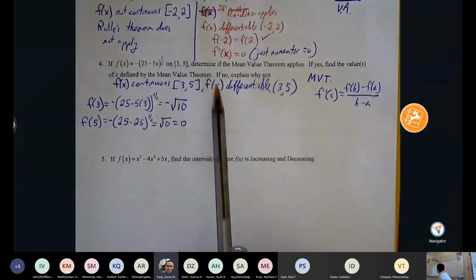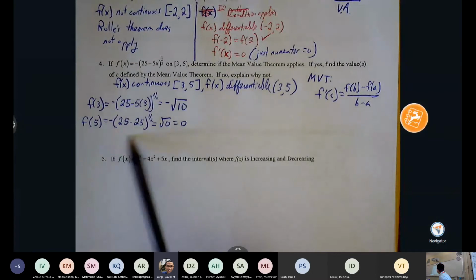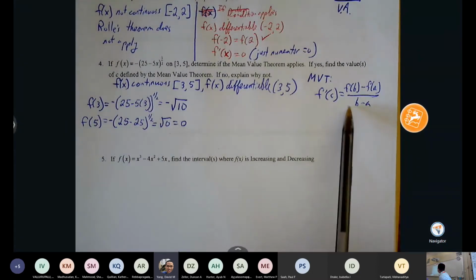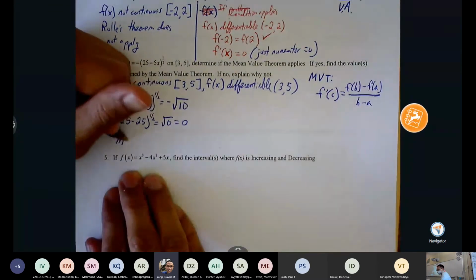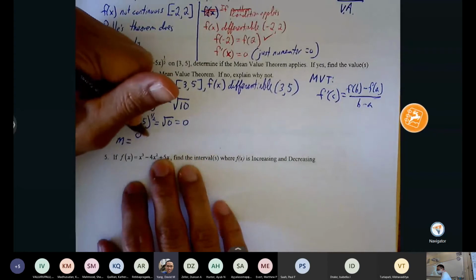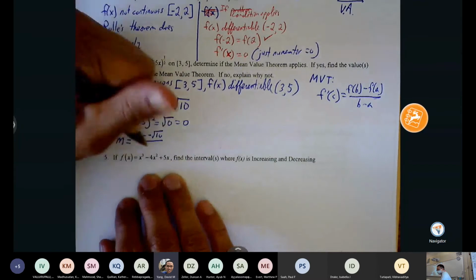So what can we do with these numbers here? Yeah, find the slope, right? Find the slope between the endpoints. Change in y over change in x. Okay, careful with your negatives here.